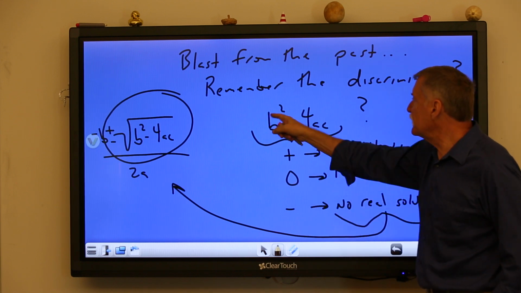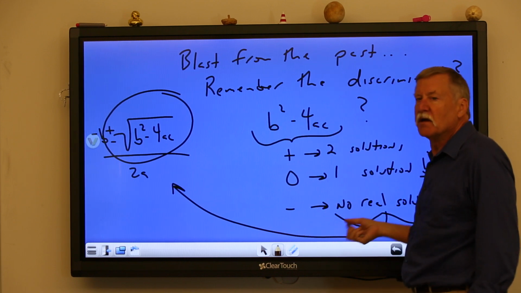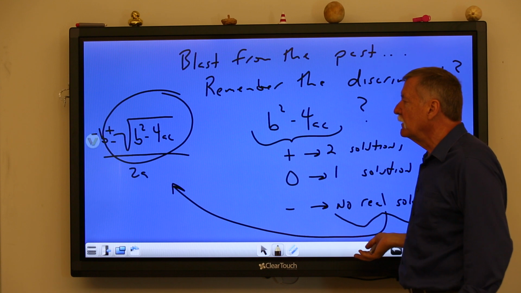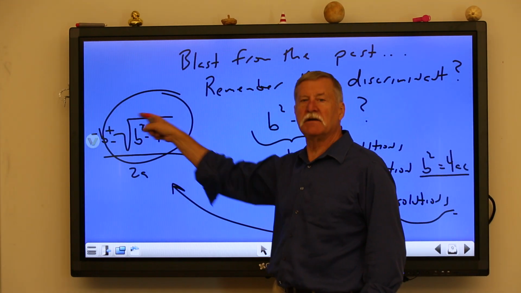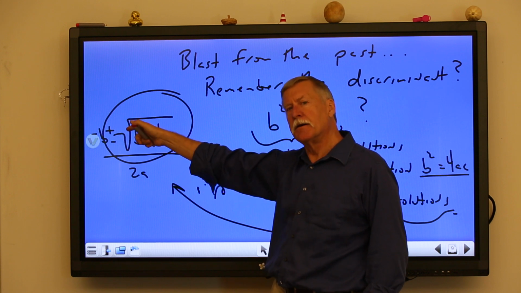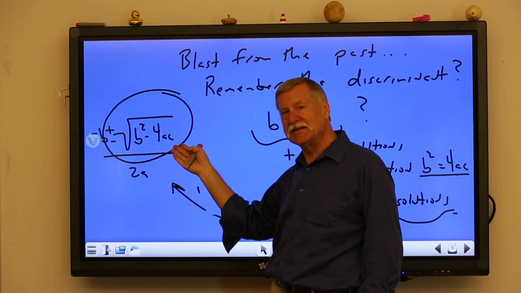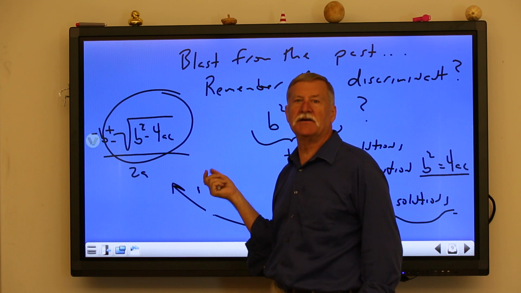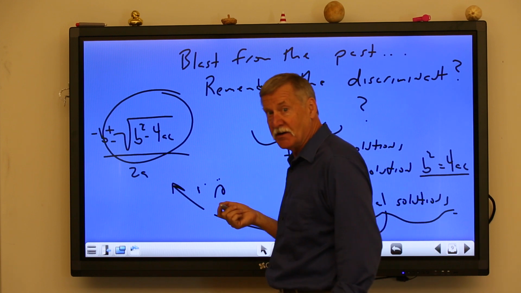And if this quantity b squared minus 4ac turns out to be negative, there won't be any real solutions, because this is the value inside the radical sign. If this value turns out to be negative, then you're trying to take the square root of a negative number and you don't have a real solution.